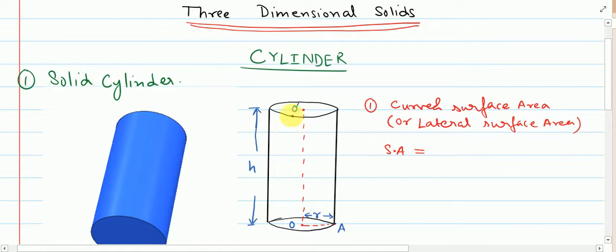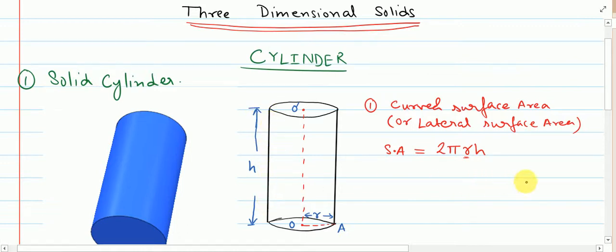Equal to, for this solid cylinder, the curved surface area will be 2 pi RH, where R is the radius of the base, or you can say top, because here base and top are the same. You can see it's a circle, so R means radius and H means height, as you can see in the figure.